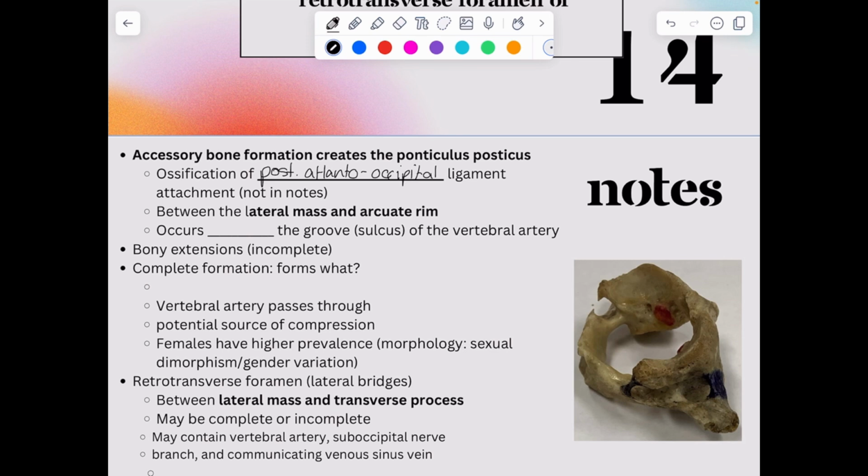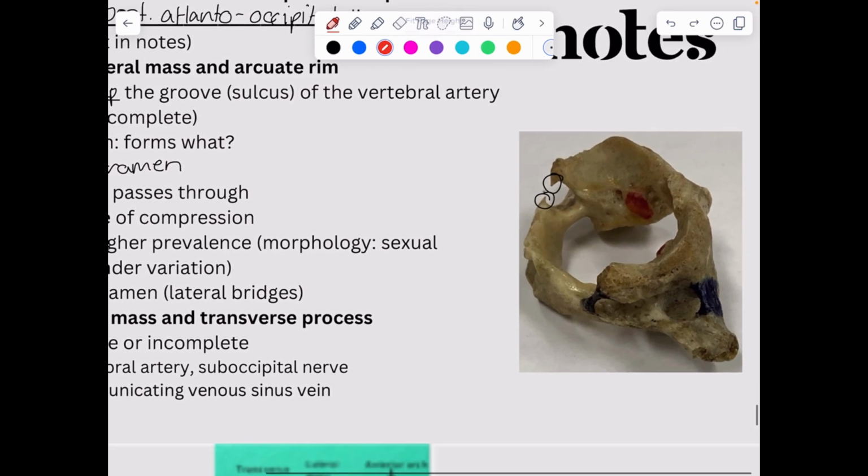This is going to occur between the lateral mass and the arcuate rim, and it occurs over or superior to the groove of the vertebral artery. So it can be bony extensions and incomplete like these guys, or a complete formation is going to form our arcuate foramen. So like this. The vertebral artery can pass through here, and it can be a form of compression. It's also more prevalent in females, so there's some gender dimorphism there.